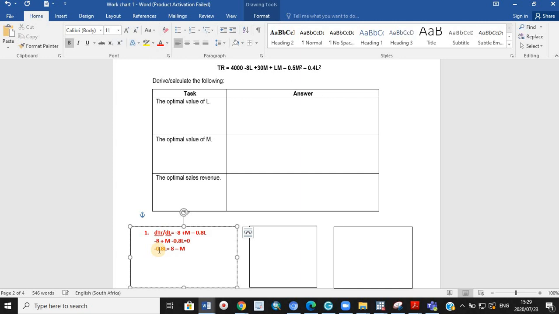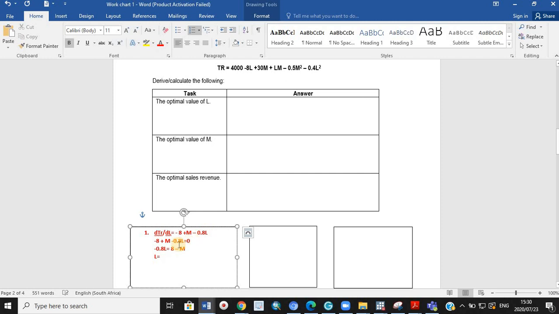That means L is going to be equal to minus 8, this is minus 8, this is plus M, this is minus 0.8, right?